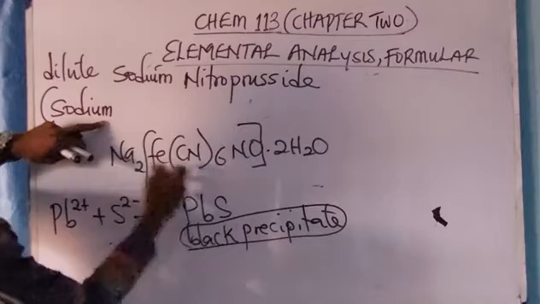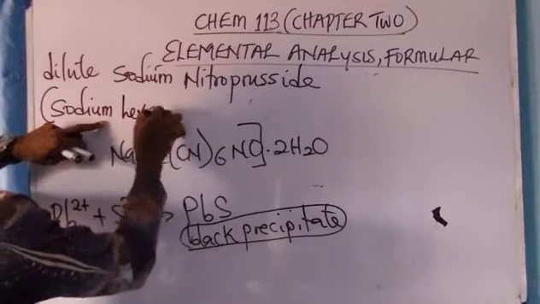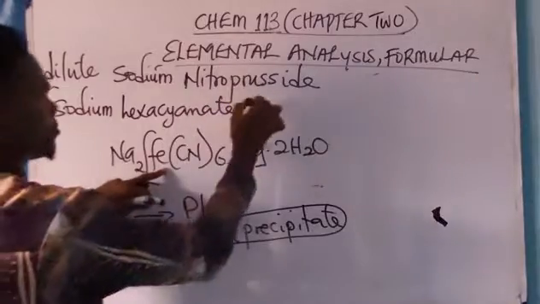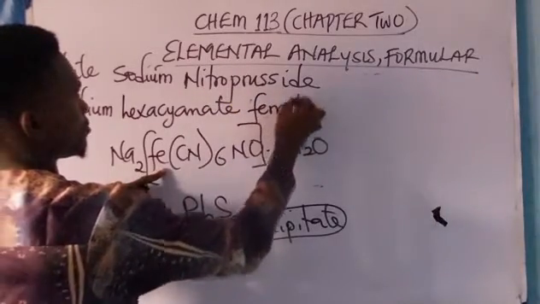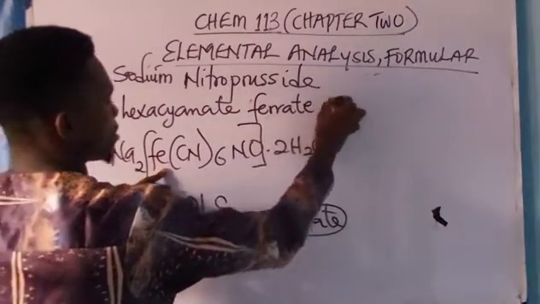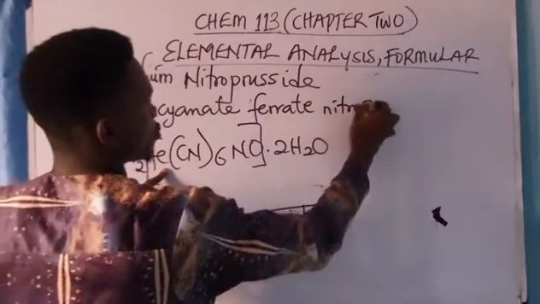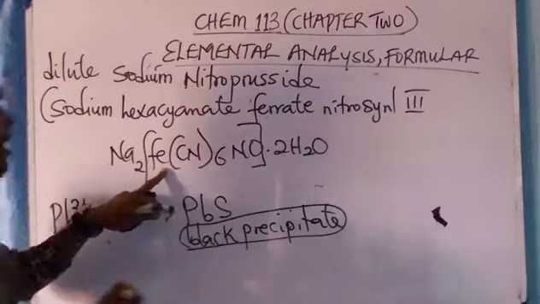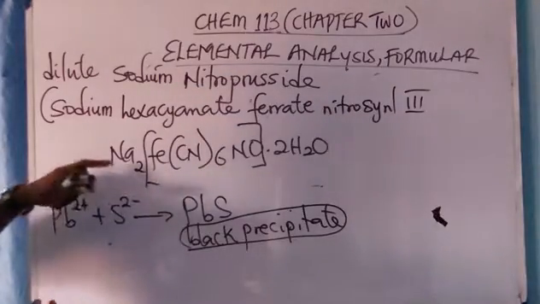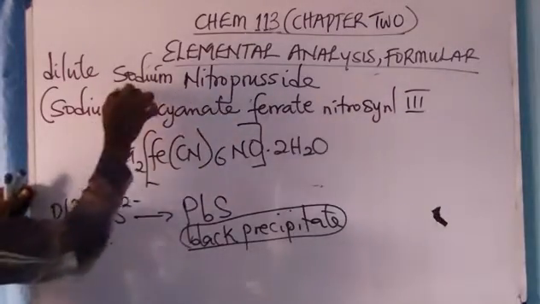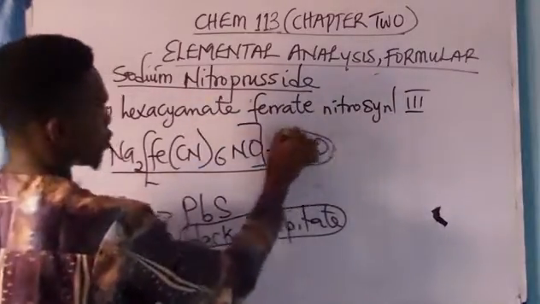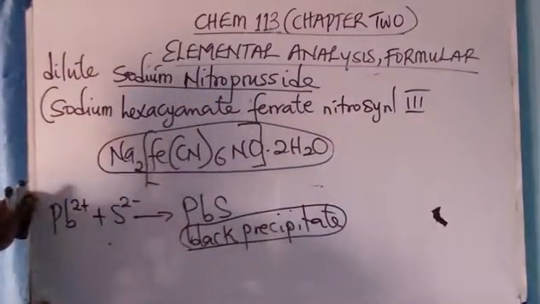This is sodium hexacyanate, ferrite, nitrosyl 3. Right, so this is the IUPAC nomenclature of what? Sodium nitroprusside. Sodium nitroprusside is what is here. This is the chemical formula of sodium nitroprusside.